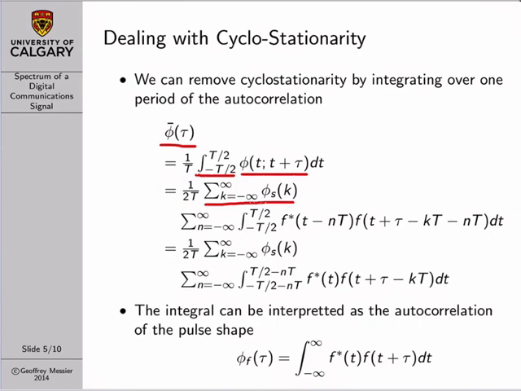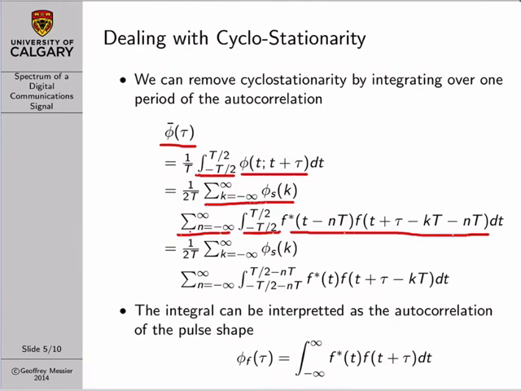I can pull that in front of the integral because it's not a function of time, where we're integrating with respect to time. Same thing with the summation with respect to n. It's also not a function of time, so I can pull it out front. And then we can take our integral and let it operate on the only two terms that are a function of time, which are the two shifted pulse shapes.